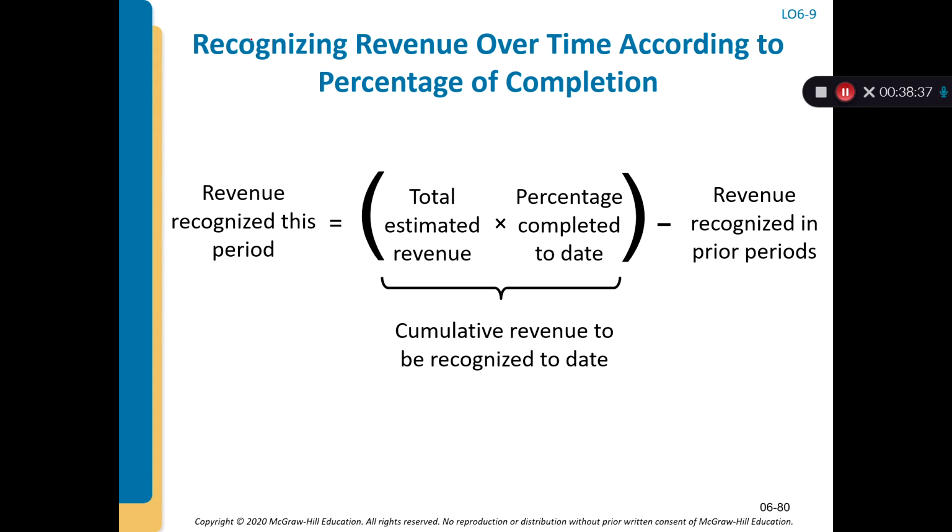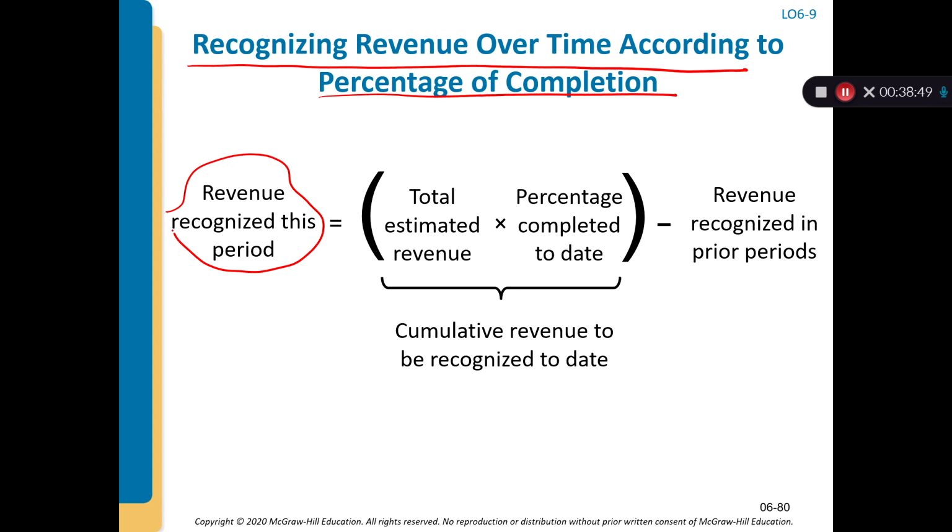So recognizing revenue over a period of time according to percentage of completion, how do we do that? First of all, the revenue recognized in this period equals total estimated revenue, which is the $5 million transaction price, multiplied by the percentage completed to date.